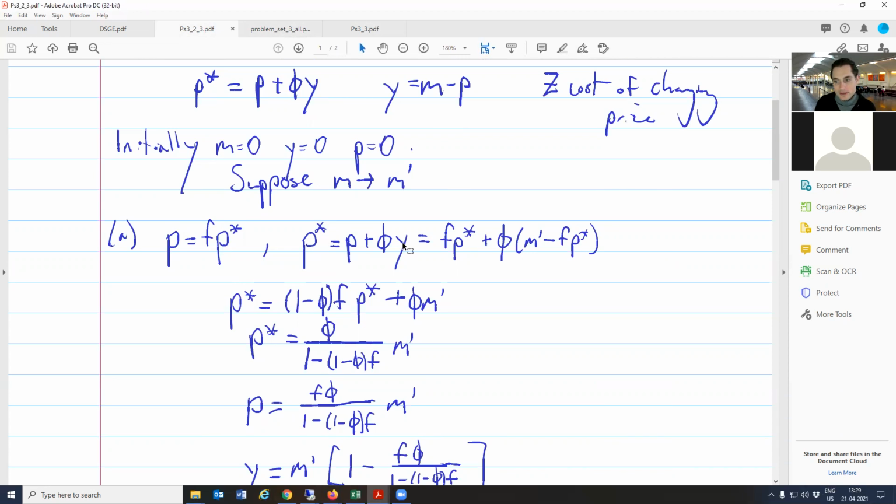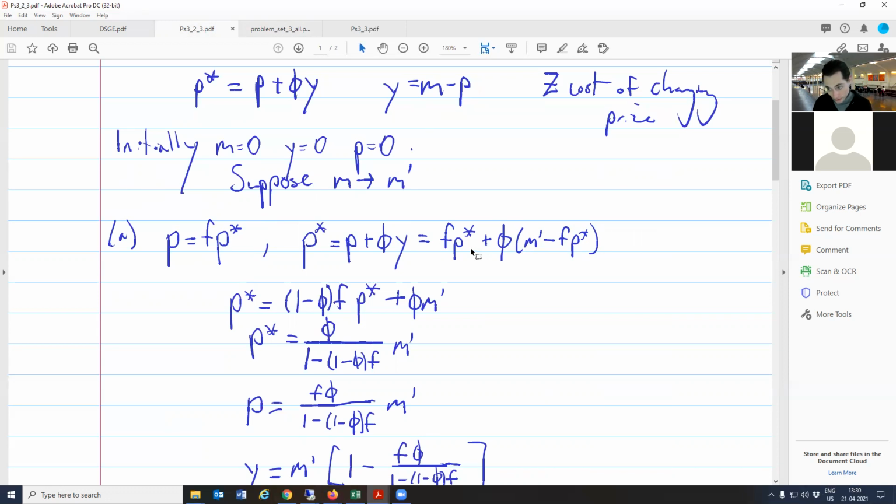Now let's plug in our definition of p, which is f P star, and our definition of y, which is m minus p, but of course p is equal to f P star. Putting those together, we get that P star equals f P star plus phi times m prime, not m, minus f P star.